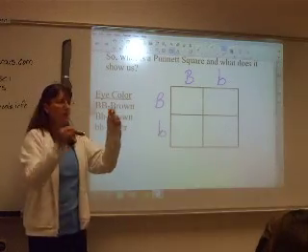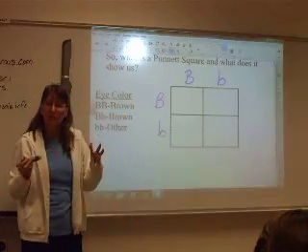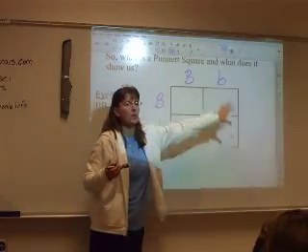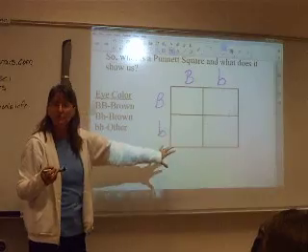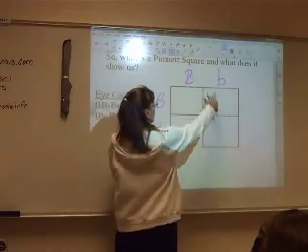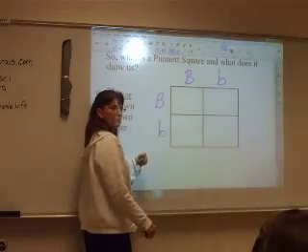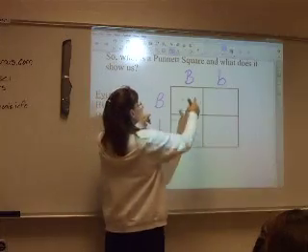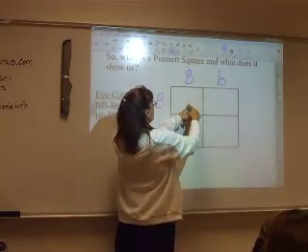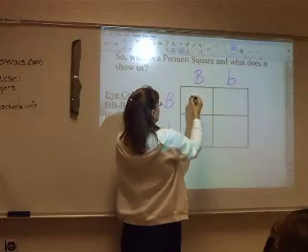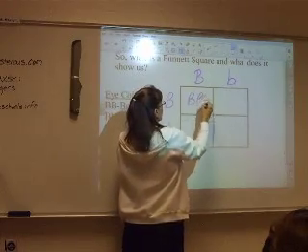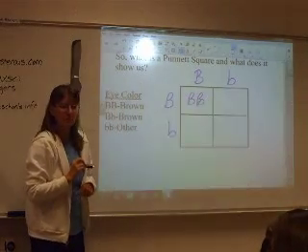So instead of drawing all those lines and penciling it in and kind of confusing yourself, we're going to use a Punnett Square instead. It's kind of like a grid, like tic-tac-toe. So I'm going to take these 2 right here, and where they match up in the box, I'm going to pair them up just like that.